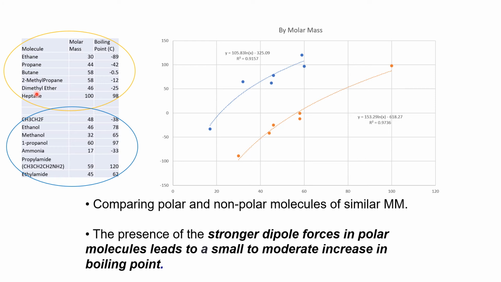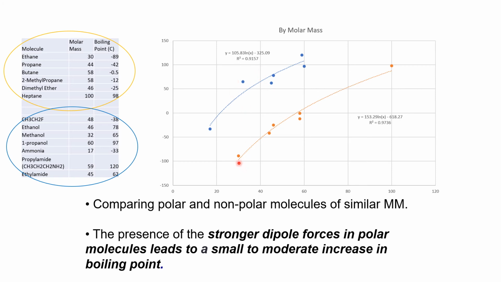They only have those, whereas the ones in blue here, they're polar molecules. Ethanol or propanol or propylamide, any of those, ammonia, they have a permanent dipole moment, and it causes all of their boiling points to be higher values, right?